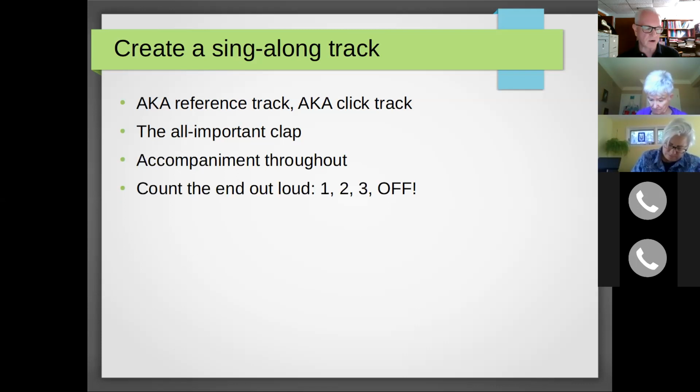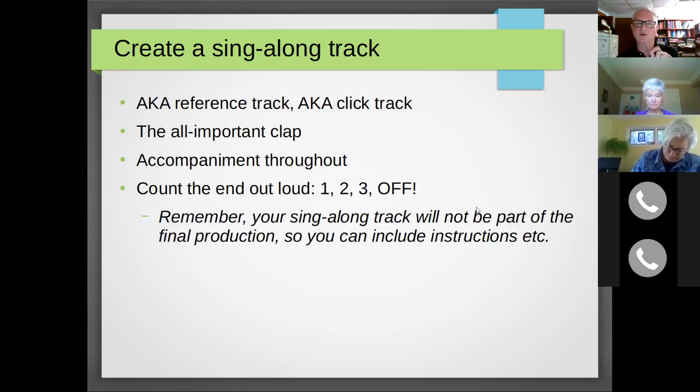If there's a particularly tricky spot, you can count them through it, or if there's a fermata, which I avoid like the plague, you can count them through a fermata. You have to remember your sing-along track will not be part of the final production. You're going to get rid of it, so you can include instructions or counting people through things.